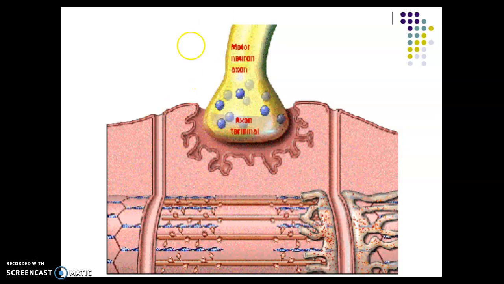So this picture, again, we would see the action potential coming down the end of the axon to the axon terminal. This action potential is going to stimulate those voltage-gated calcium channels to open. Calcium is going to rush into the axon terminal. It's going to cause the neurotransmitter to be exocytosed into the synapse.